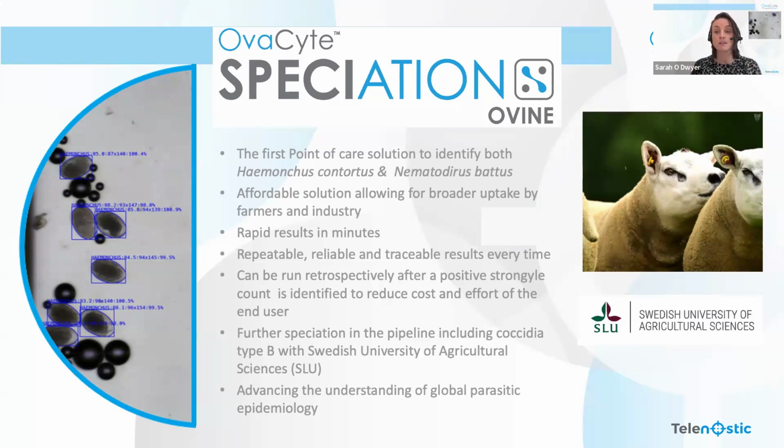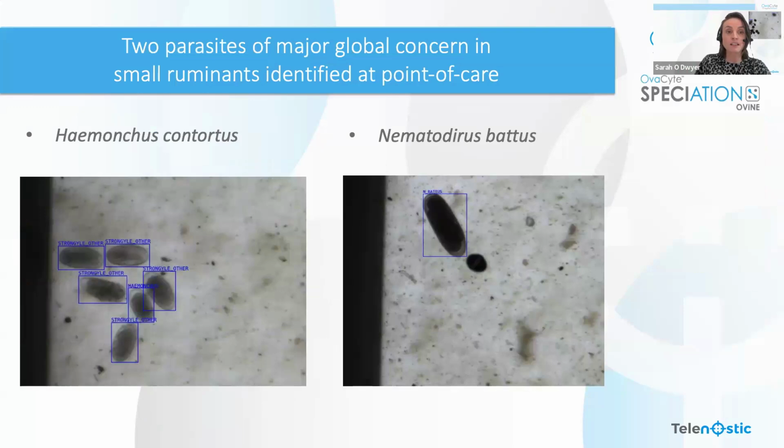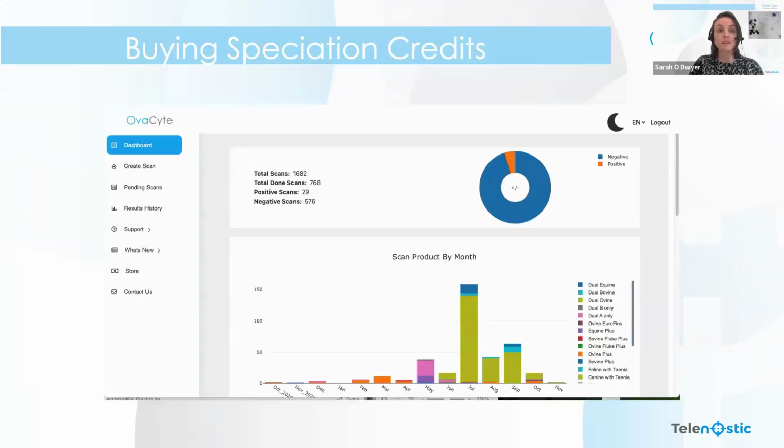So we work very closely with UCD and SLU. So that's very exciting. So the technology is able to tag out the Haemonchus versus other Strongyle populations within the egg population, and it's also able to speciate out Nematodirus battus. So again, that's enhancing your knowledge of the population of parasites on your sheep farm.